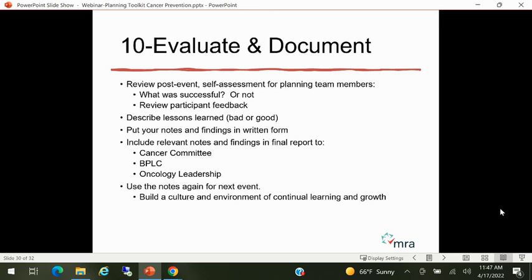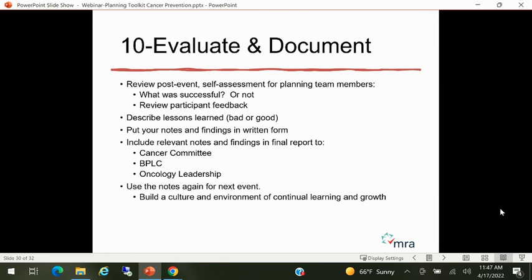We've now arrived at the last step. Step number 10 is evaluate and document. This is where you pull everything together. That planning checklist or tool that you've been creating from day one is going to be rich with data and robust and have all sorts of information, but now you need to pull it together.